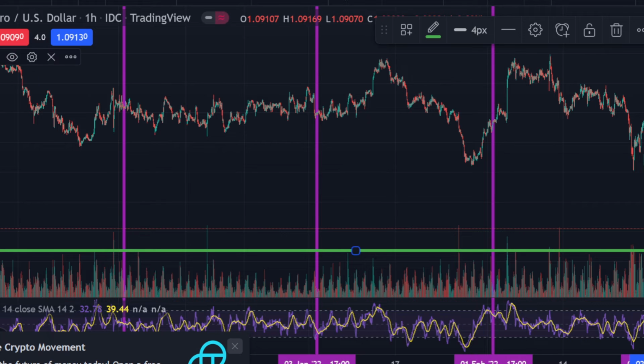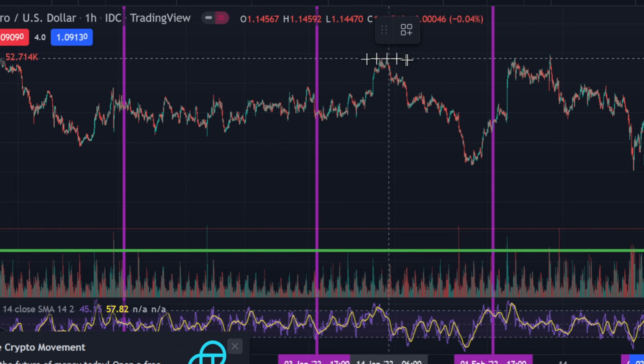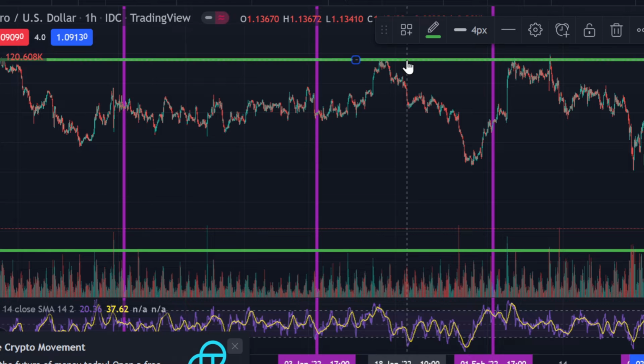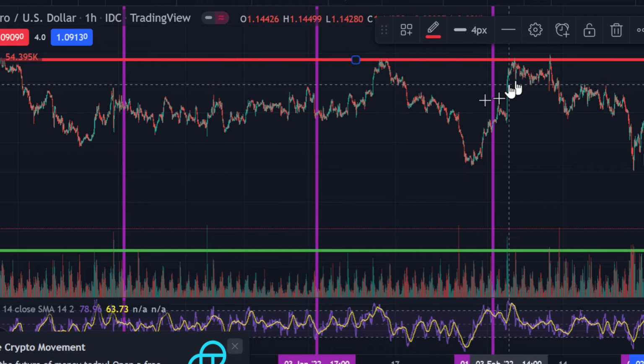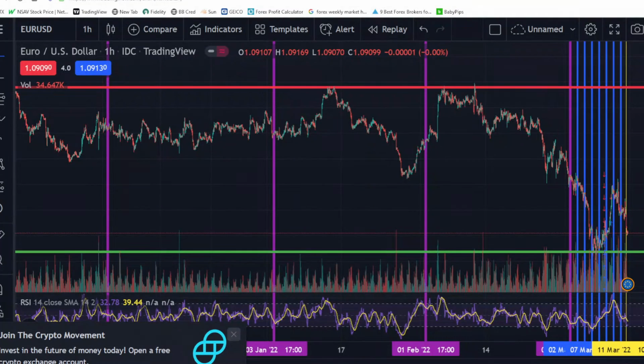So I'm going to draw another horizontal line about right here, and that will be my maximum, and that is resistance. And what that means is that the rate has a tough time crossing that boundary.